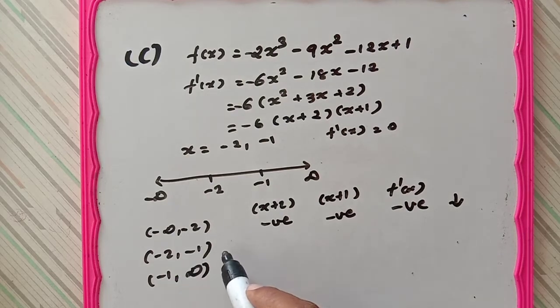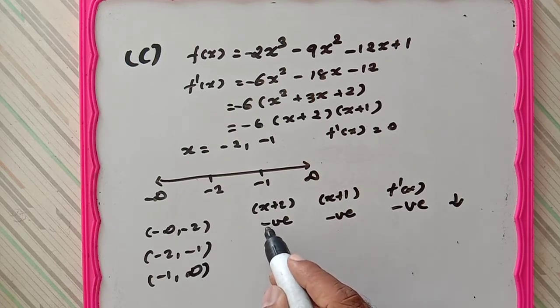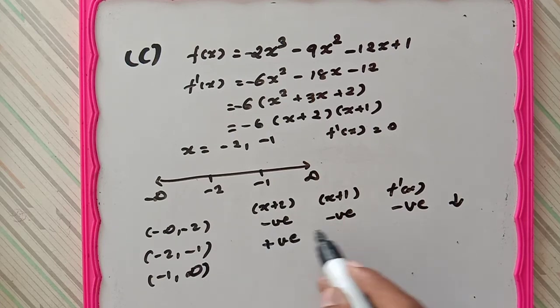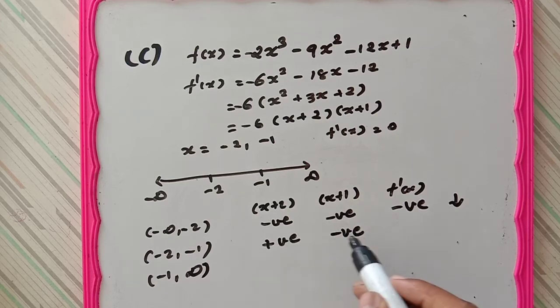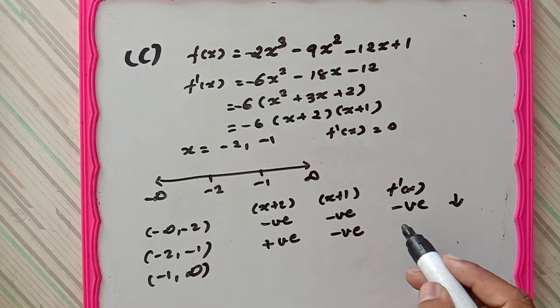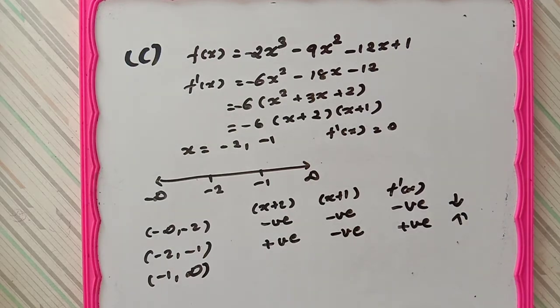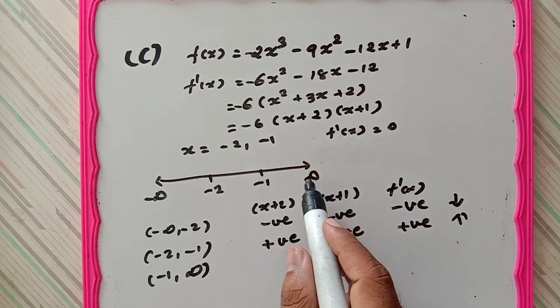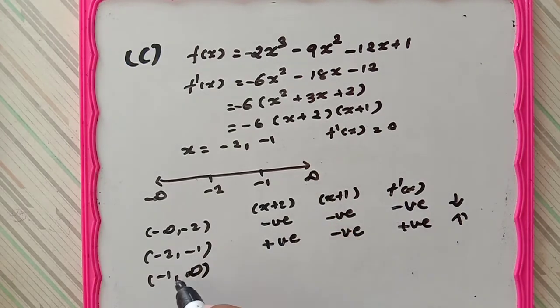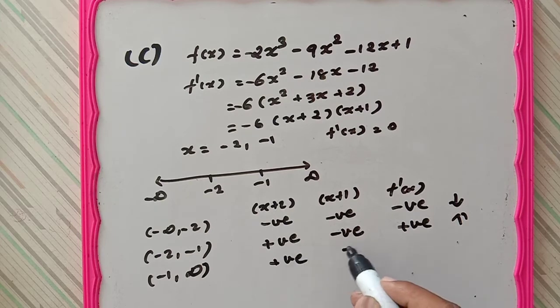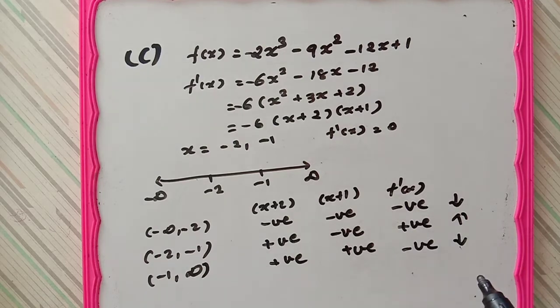Between minus 2 to minus 1 we take any value, then x plus 2 is positive, x plus 1 is negative, so positive negative negative, into minus 6 will be again minus minus plus, so positive, and so in this interval it will be increasing, and in minus 1 to infinity here both are positive, and so positive positive positive into negative, negative, and so given function is negative in the minus 1 to infinity.